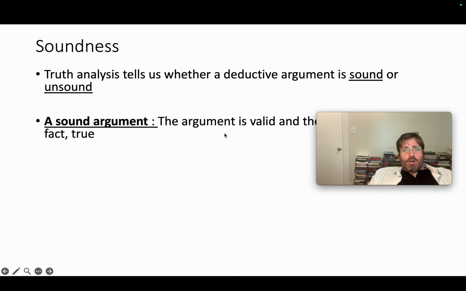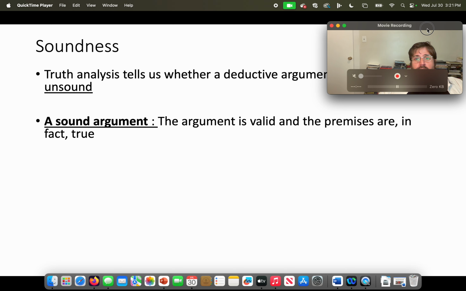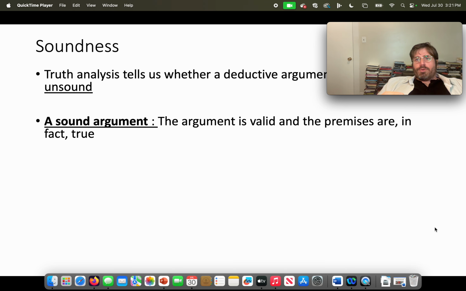So a sound argument is an argument where the argument is valid and the premises are in fact actually true, right? Remember, as I said before, you can have a valid deductive argument with true premises, but a valid sound deductive argument succeeds even further by having a structure that works and premises that are in fact true.